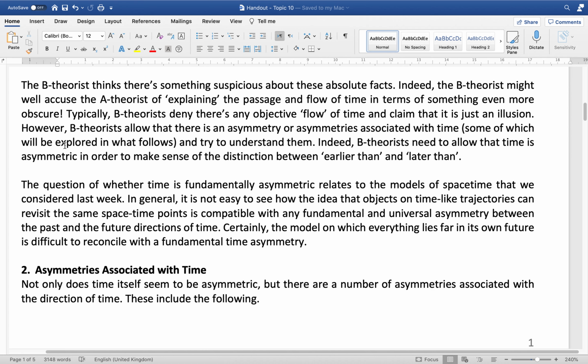So maybe that would pose a problem, but we might still think that ours isn't a world like that, and so maybe ours is a world in which there is a universal and fundamental asymmetry of time.